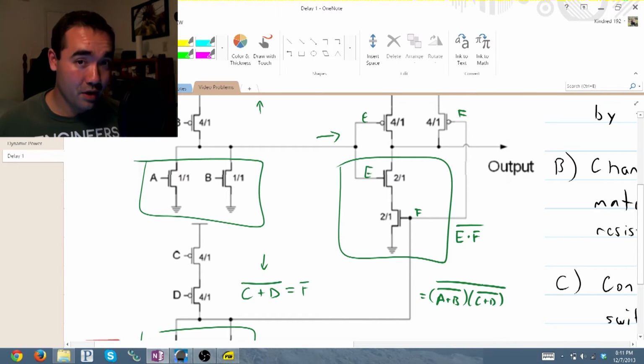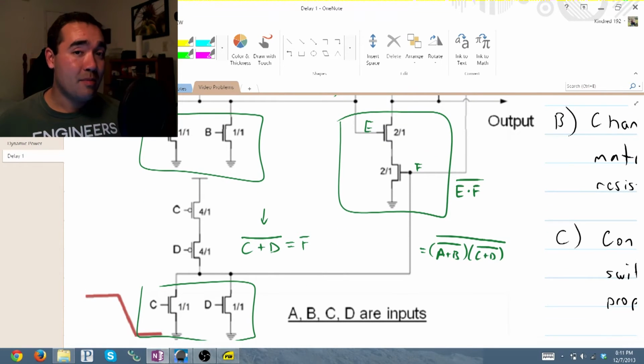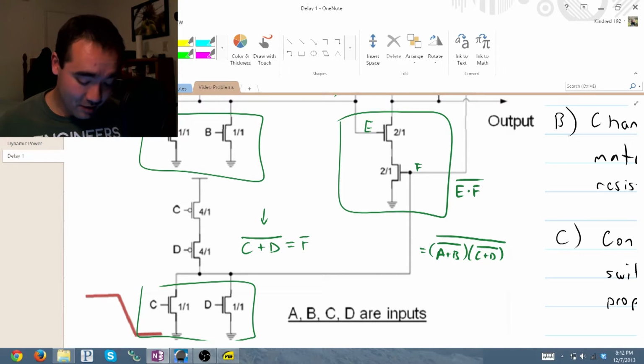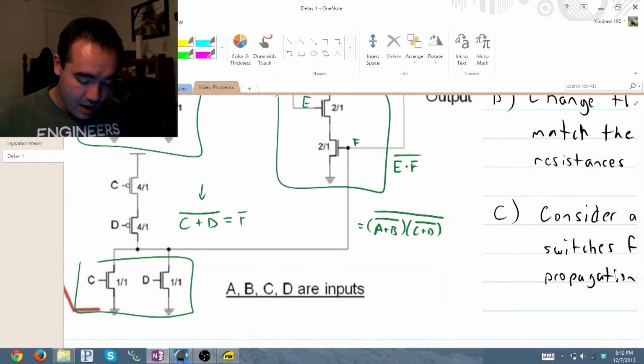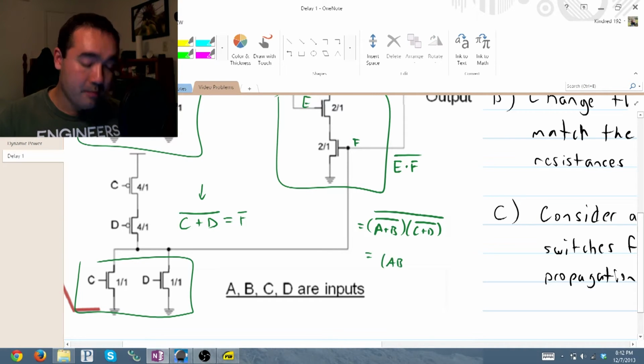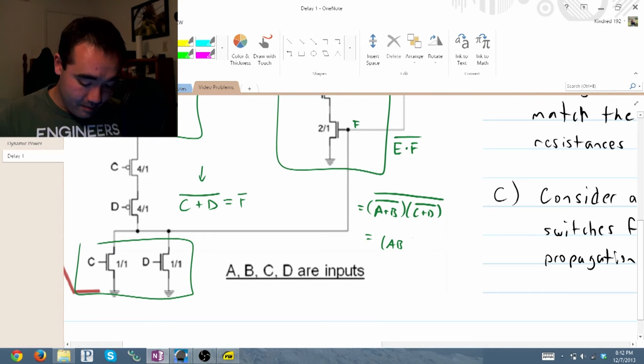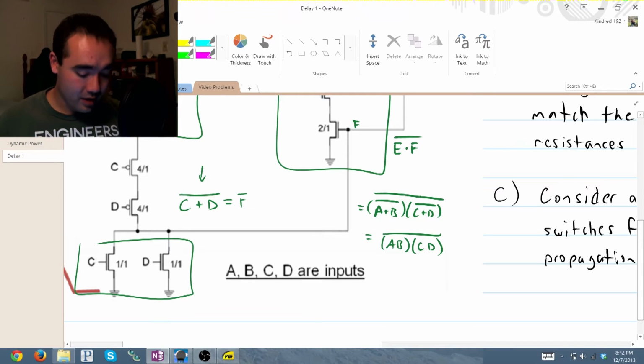Let's go ahead and start doing our inverses. Now, keep in mind, you could do this with PMOS, but I wanted to do this to show you what happens when you have to go back and invert these signals. So, you know that inverted A or B is equal to non-inverted A and B, same thing with C and D, and this is still all inverted.